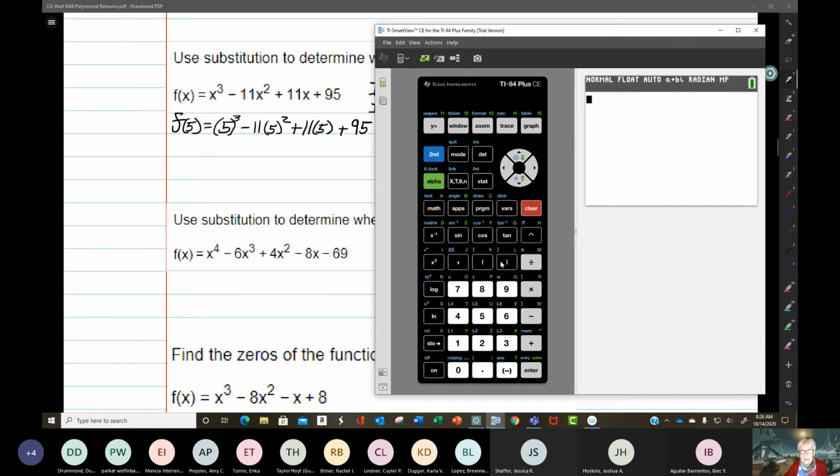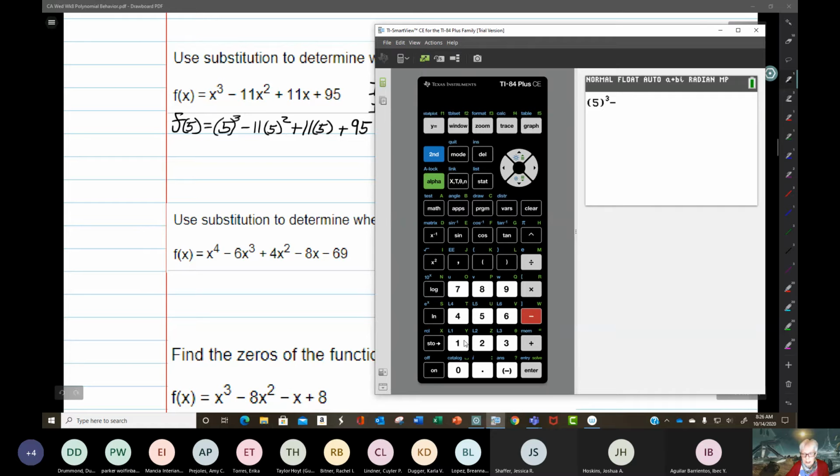The parentheses are above the 8 and the 9 key, if you don't know. So parentheses, 5, parentheses, caret, cube, and then right arrow key to come down.